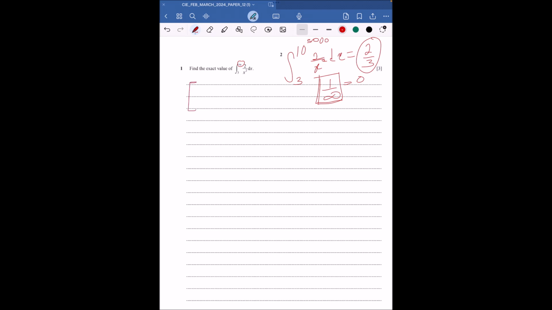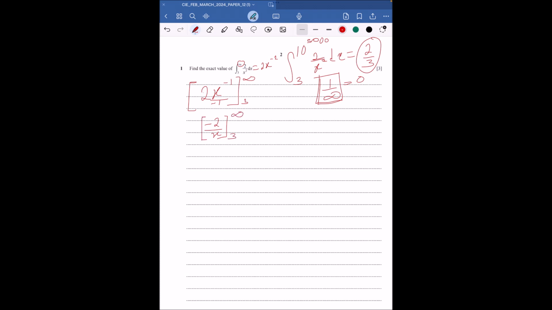So this is the same thing as 2x to the minus 2. If I integrate, I will get minus 1, so I add 1 over minus 1, from 3 to infinity. I can simplify this to be minus 2 over x, from 3 to infinity.